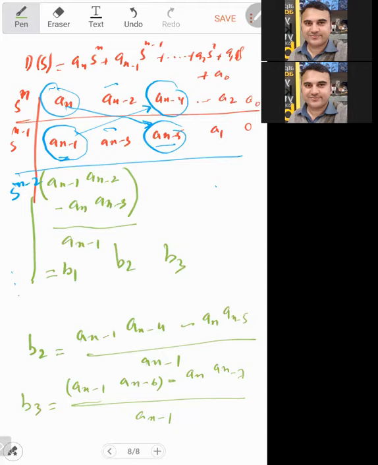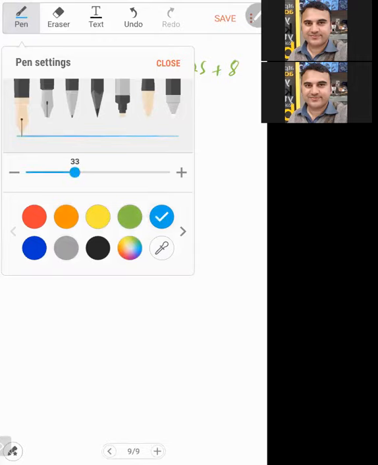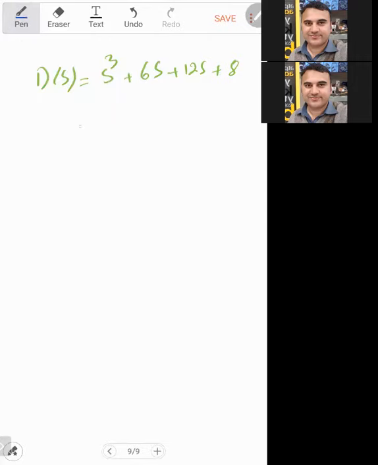Let's say that the denominator polynomial is s cubed plus 6s squared plus 12s plus 8, and we are now checking whether this system is stable or not. So we are creating the table.